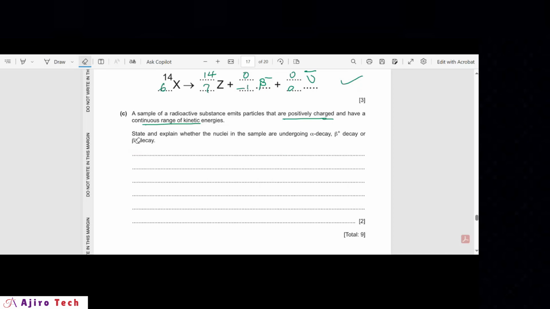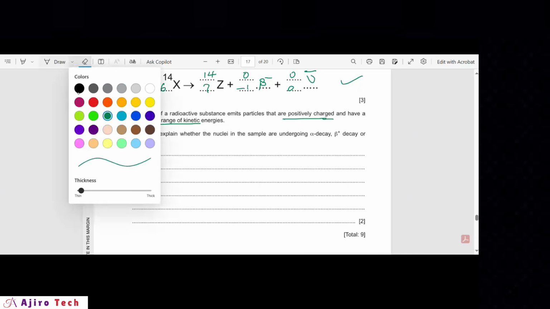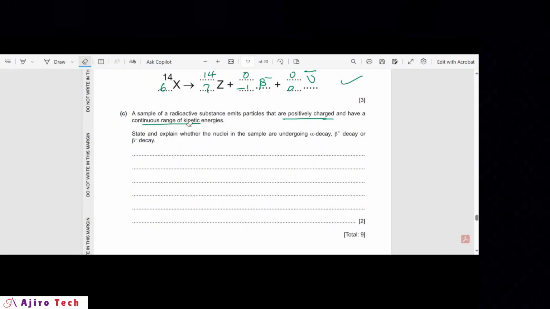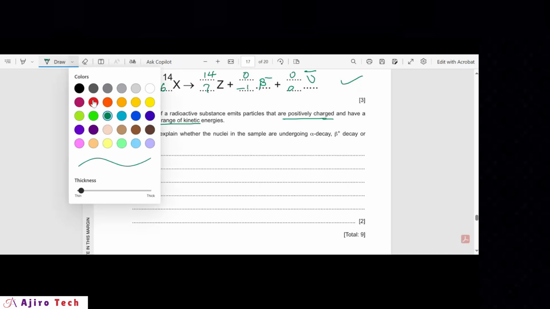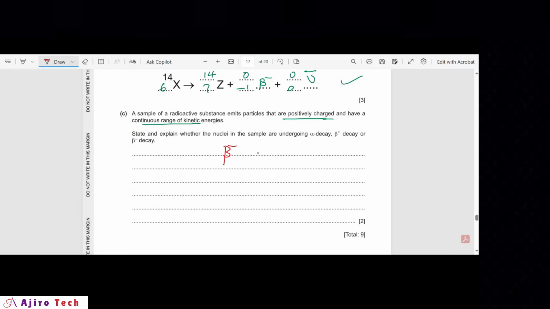So we've seen the two keywords, positively charged and range of energies. The range of energy means it's not alpha. It is between beta minus and beta plus.